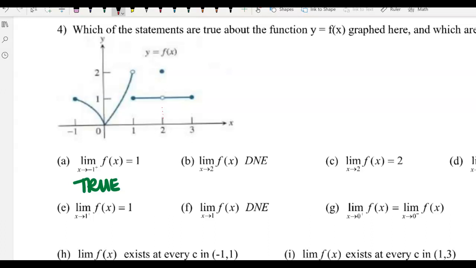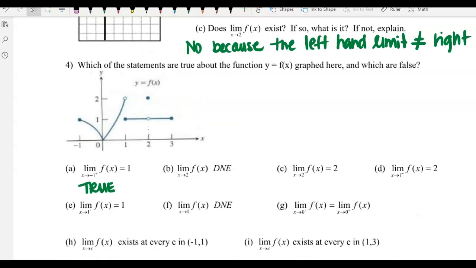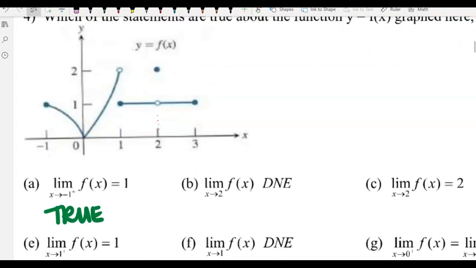Let's do the right hand. Here's when x equals 2. Right hand means we're standing on the right side. Would you guys agree? We're getting closer and closer to x equals 2.